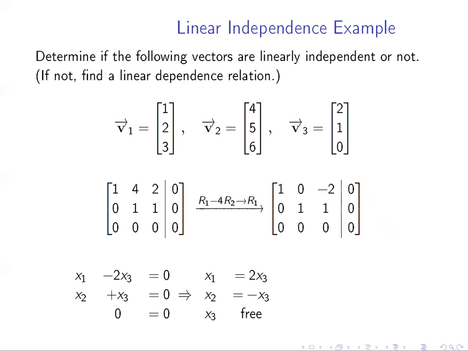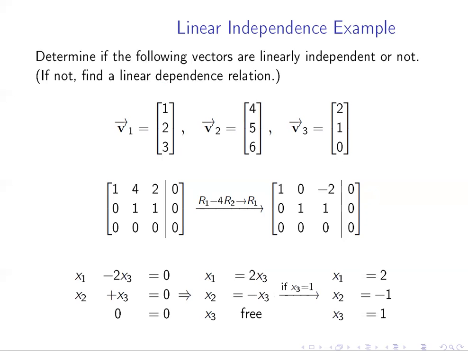So all we do here is pick any value for x3 that will give us a non-zero vector. Notice if you pick 0, you would just get the all-zero values, so that doesn't help me. But, by the way, that's almost always what it is. So how about we pick x3 as 1? Well, that would mean that x1 is 2, x2 is negative 1, and x3 is 1.